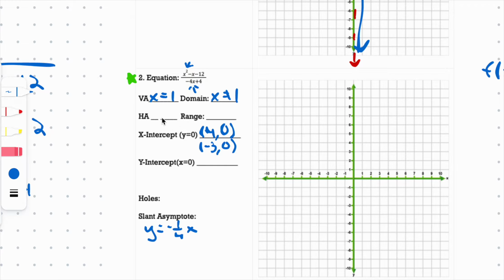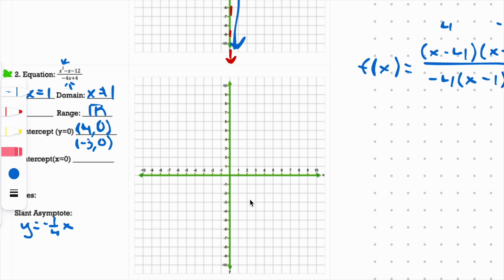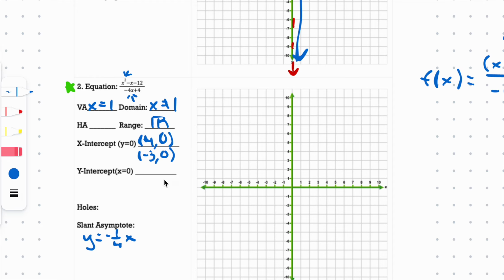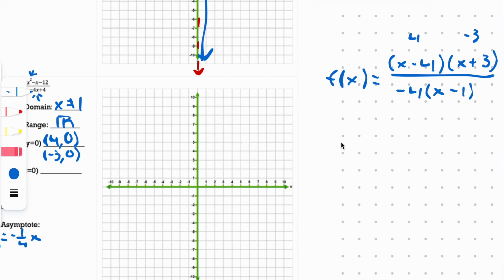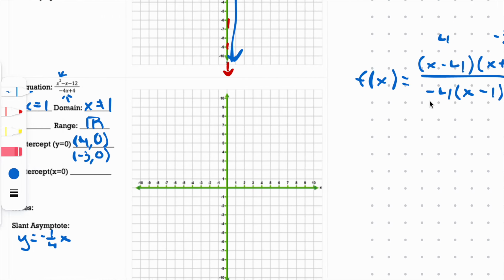We know that we don't have a horizontal asymptote, so I'm just going to say our range is all real numbers. Now we want to care about our y-intercept. When we plug in 0 to our function, what do we get? I'm not going to plug it in to here because that requires a bunch of math.